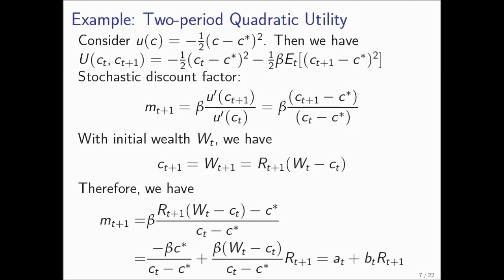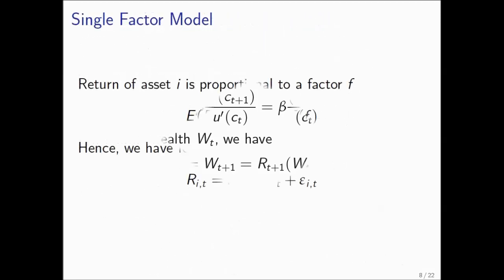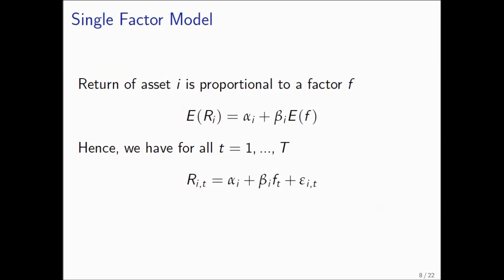So you can see the discount factor depends on something that is independent of the future, so basically everything depends on t, and this is a factor only depending on t, it's also a constant, and this is a future return. So we have the simplest factor model. Now let's get started with a single factor model.